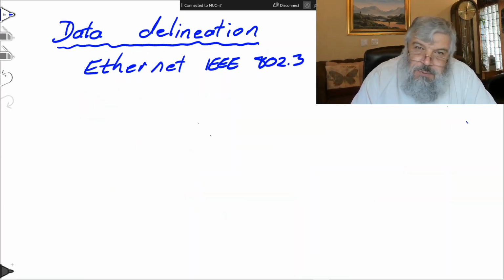Our next example is arguably one of the most popular layer 2 protocols on the network today. It is Ethernet. Ethernet has a long history and there are different versions of Ethernet. So when we look at packet formats of Ethernet in a short while, you will see that there are differences.